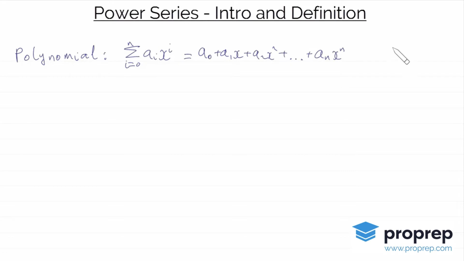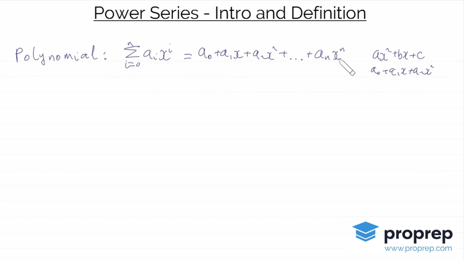When it's a polynomial of degree 2, we might just write ax squared plus bx plus c, but we run out of letters, so we write it from decreasing to increasing powers.